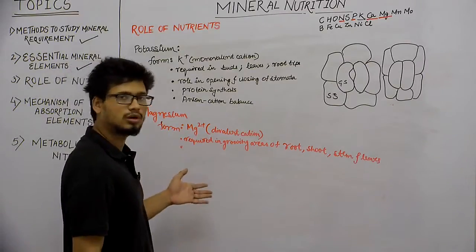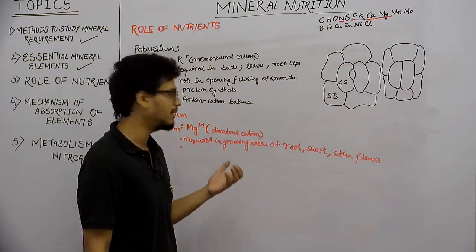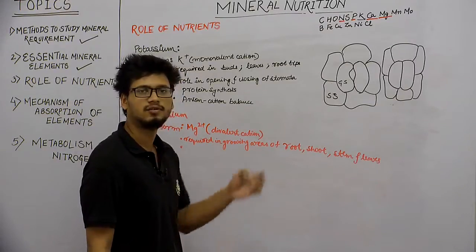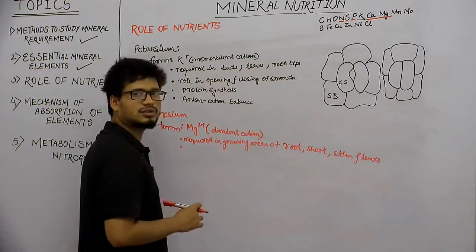It also, जैसा हमने पहले डिस्कस करा था कि मैग्नीशियम पेक्टेट, so magnesium has also a role in forming the middle lamella after cell division or during the telophase of the cell division.